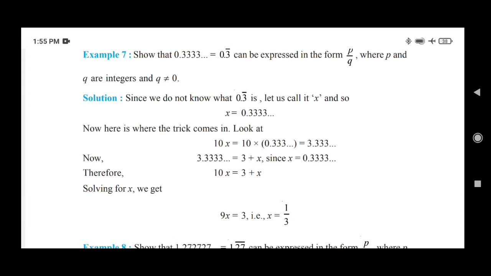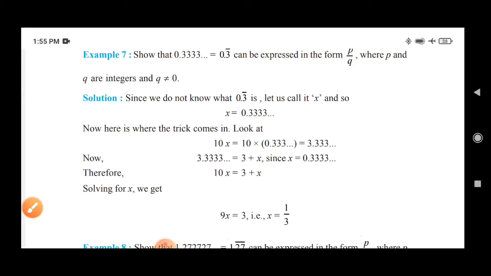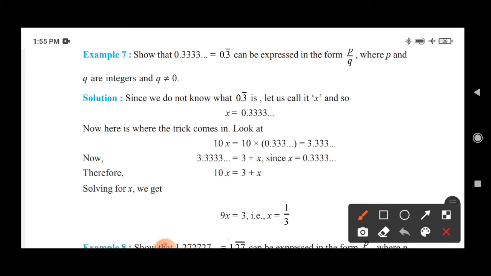First of all, look at this question. The bar stands on only one digit, so both sides will be multiplied by 10. You can solve it this way.